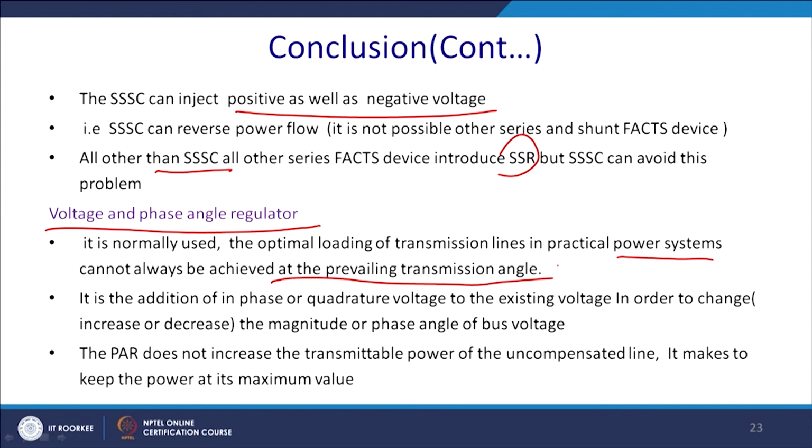It adds a phasor or quadrature voltage to the existing voltage in order to change or increase the power flow of the line. PAR does not increase the transmittable power of the uncompensated line; it keeps the maximum power value constant and only changes the power flow over a wide range of varying delta.